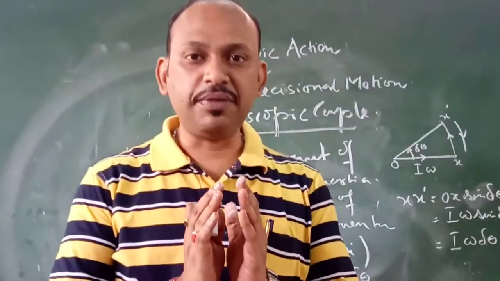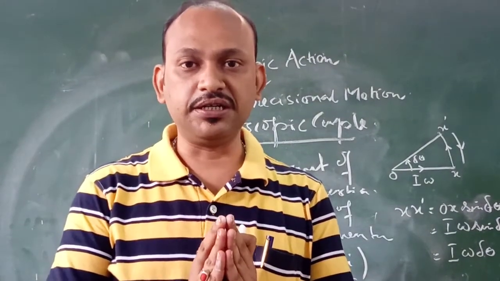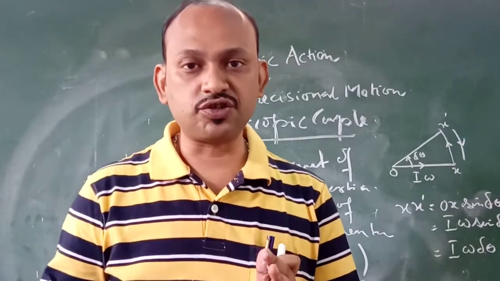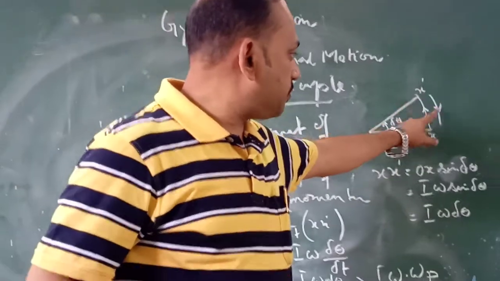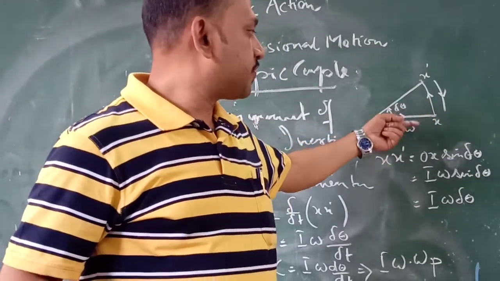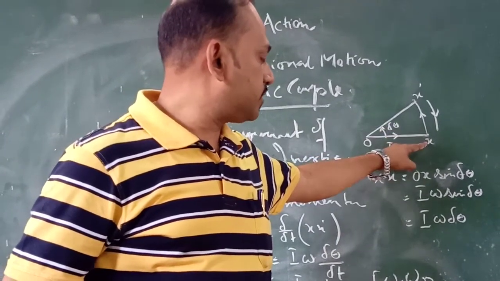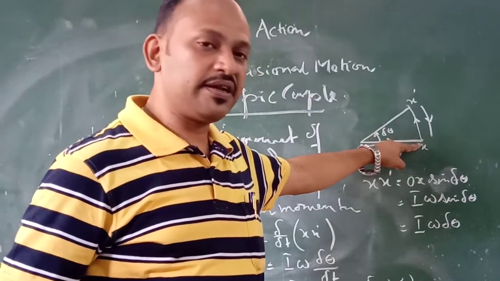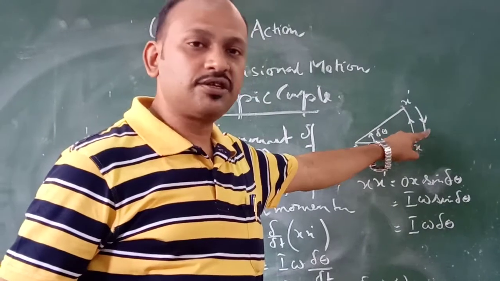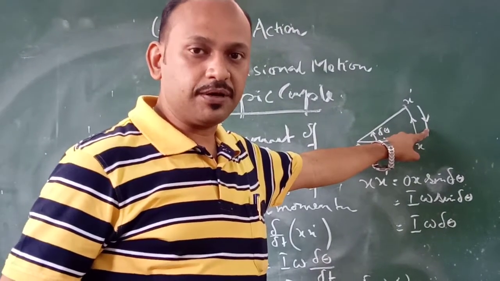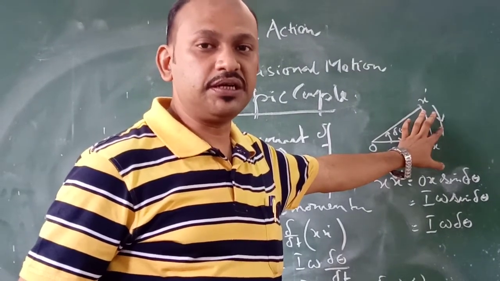So we know that the magnitude remains the same, but in order to bring the system to a dynamic equilibrium condition, we have to apply the reactive gyroscopic couple. So the reactive gyroscopic couple will always be acting in the direction opposite to that of the active gyroscopic couple. So if this is the initial vector, and it is rotating to a new position, the active gyroscopic couple that will be acting on the body is of magnitude XX dash in this direction, and opposite to this will be the reactive gyroscopic couple that will be required in order to bring the system under dynamic equilibrium condition.